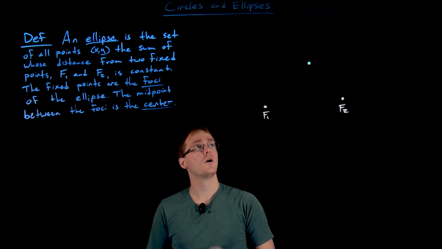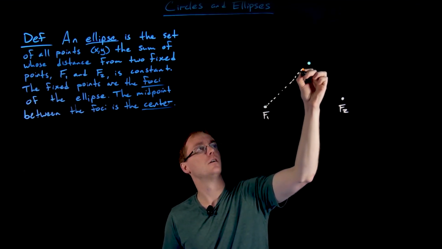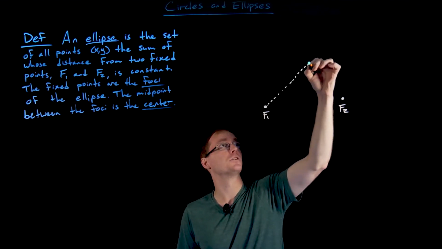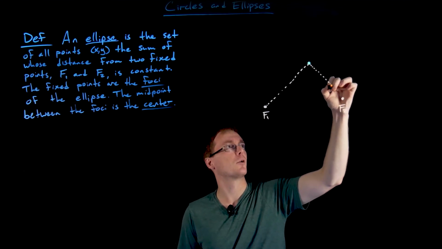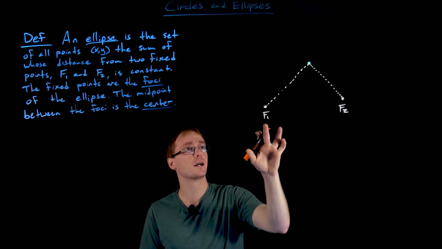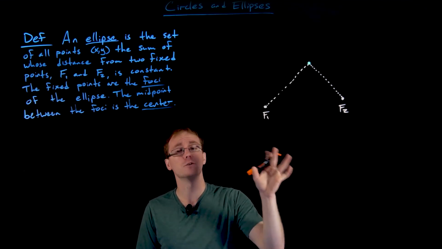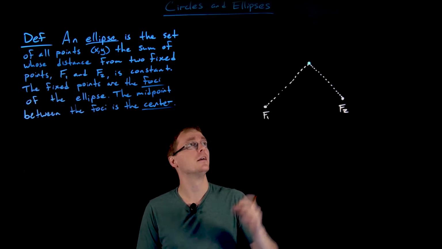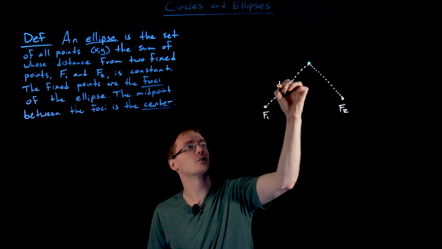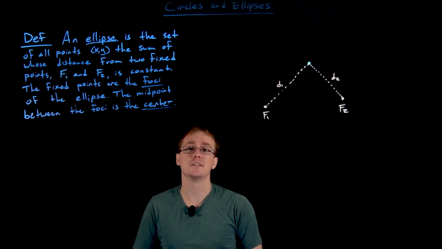What we know about this green point is that if we were to measure the straight line distance from the green point to our first focus, f1, and we also measured the straight line distance from our green point on our ellipse to our second focus, f2. Remember, the foci, like the centers of the circle, are not actually on the ellipse. They're just these useful points that help us create the shape. The green point is a point that is actually on our ellipse. And so let's go ahead and call that first distance d1 and that second distance d2.